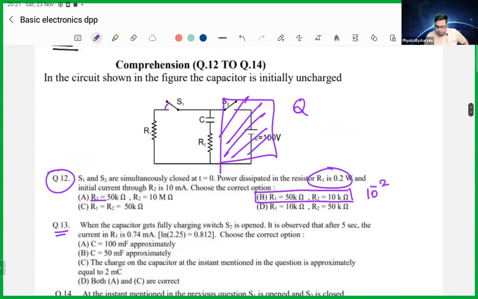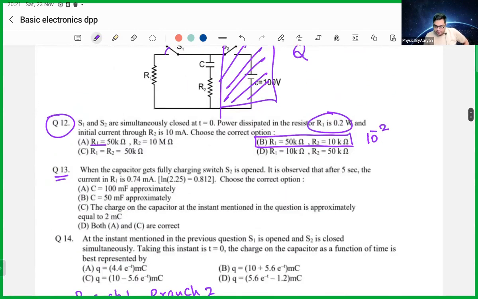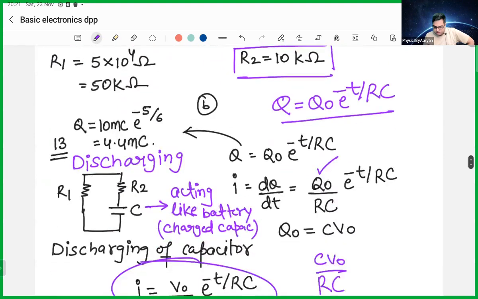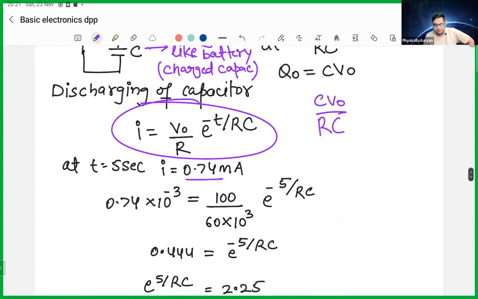Okay, let's not get carried away. What is given to us? They say that it is observed that after 5 seconds, the current is 0.74 milliampere. So current is given to me as 0.74 milliampere after the time 5 seconds. I put my value of current here. I put the value of voltage.